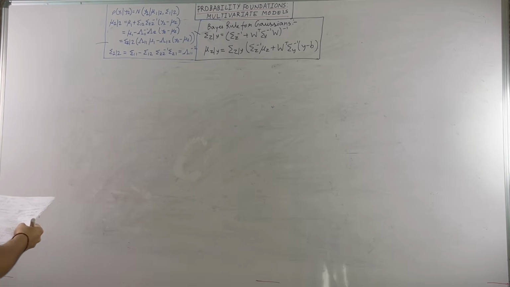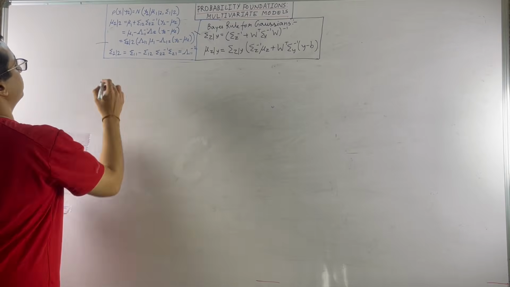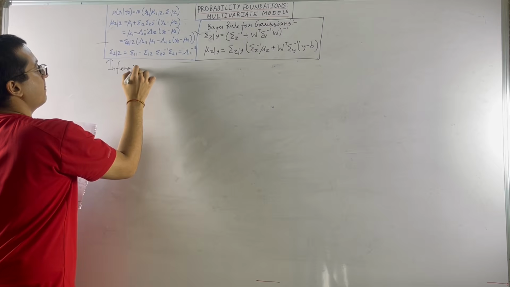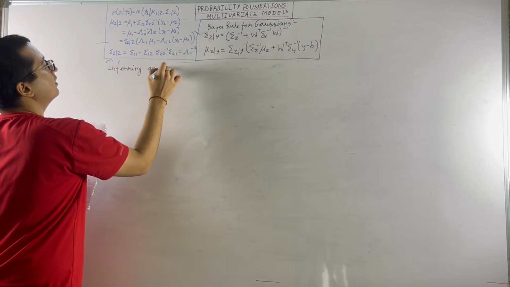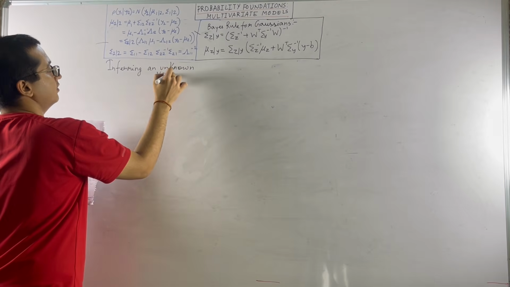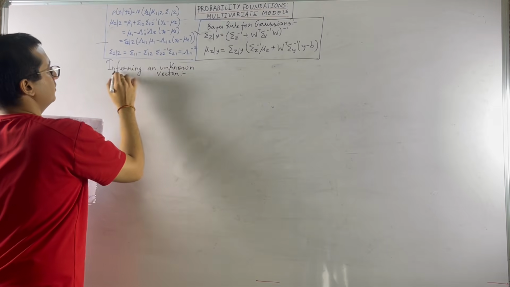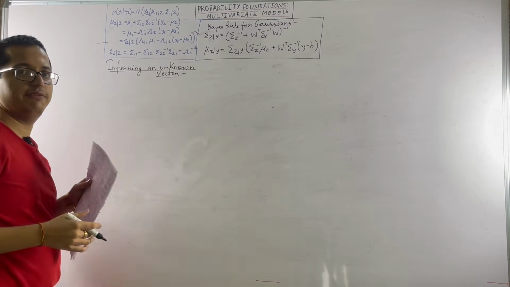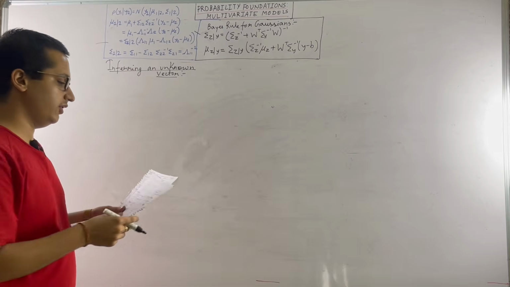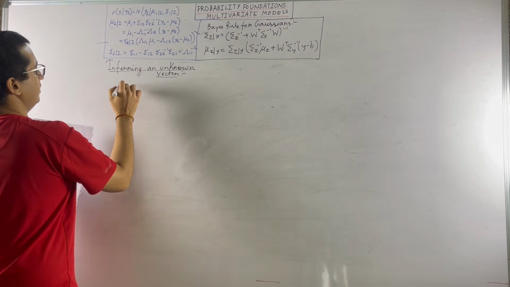So now we come to inferring an unknown vector. This is not very different from the scalar case, just a little bit of extra concepts, not that complex.